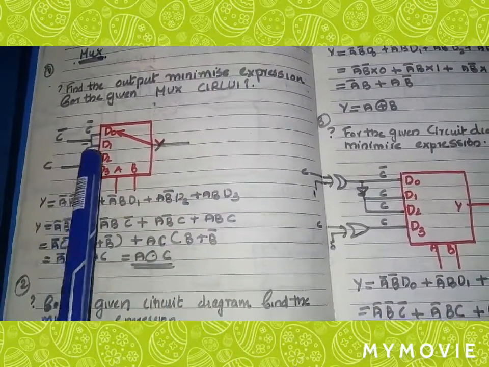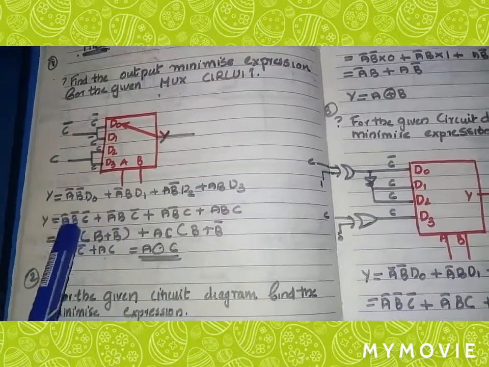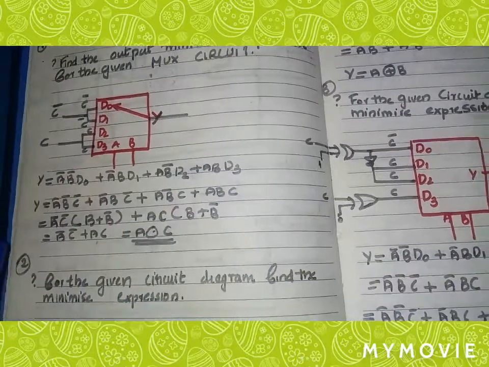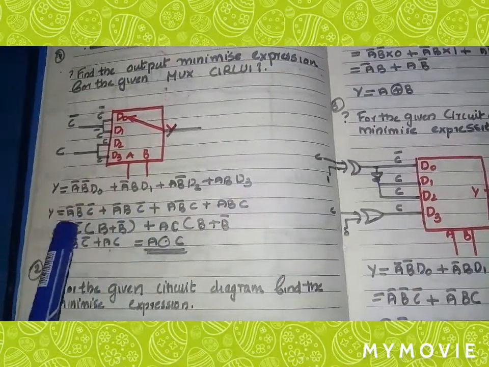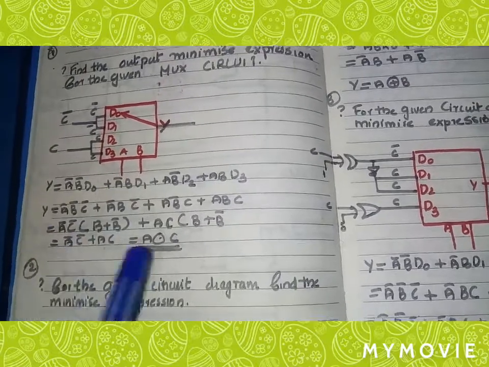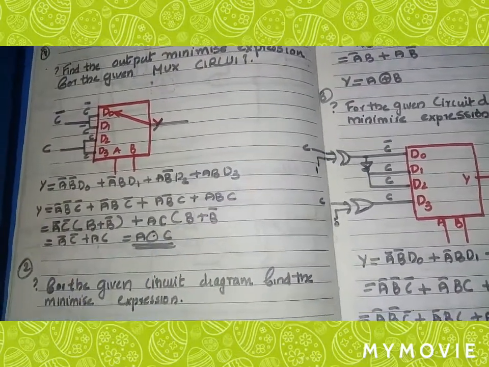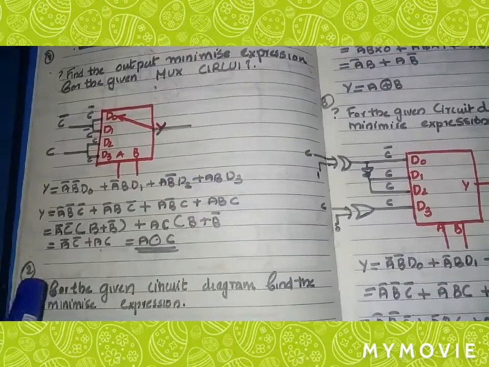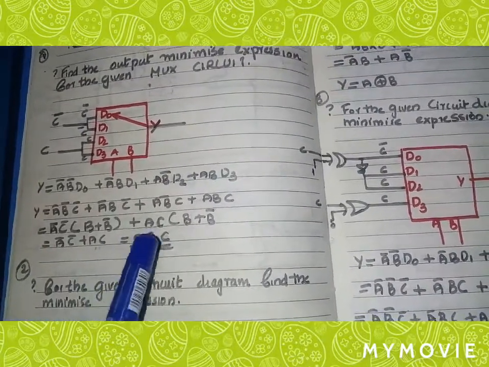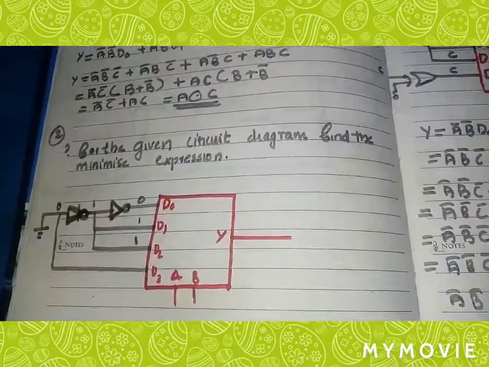Here D0 and D1 are C bar and D2 and D3 are C. Substitute these, take A bar C bar outside, B plus B bar is inside, and AC is outside, so B plus B bar is inside. B plus B bar is 1, so we get A bar C bar plus AC, that is A XNOR C is the answer for this mux.